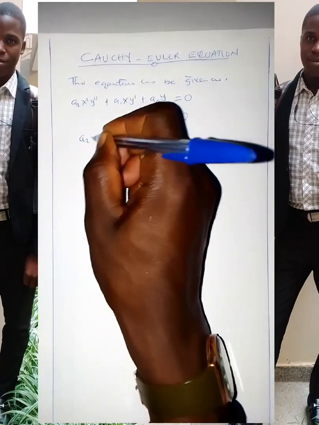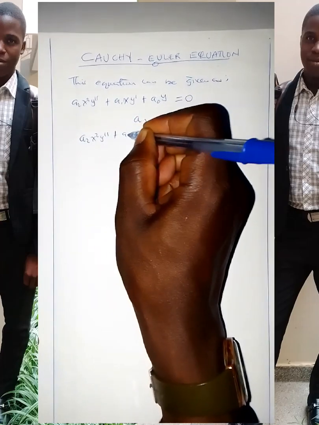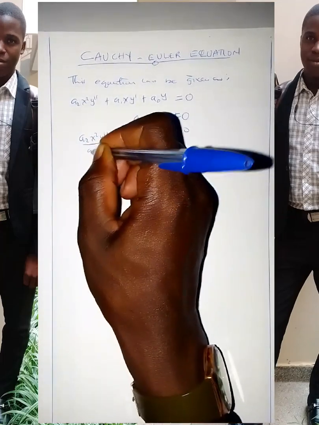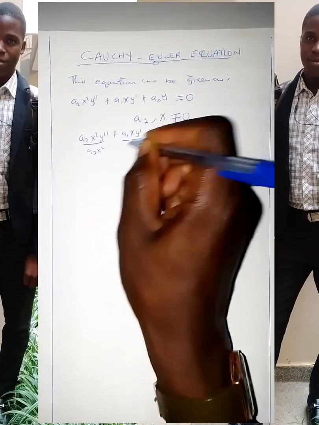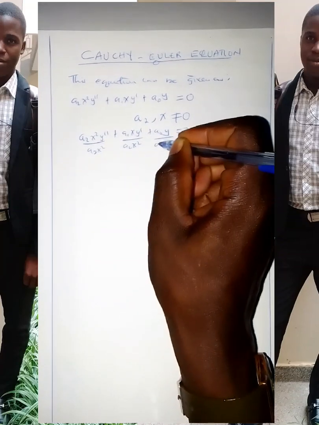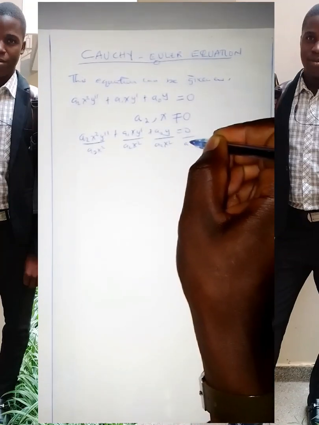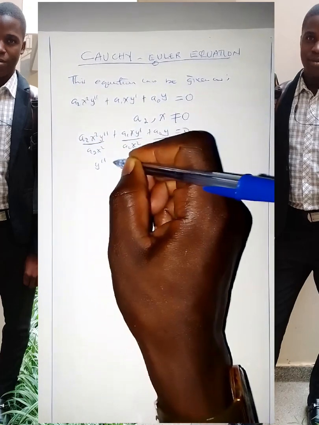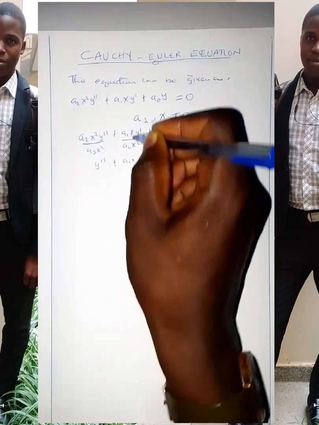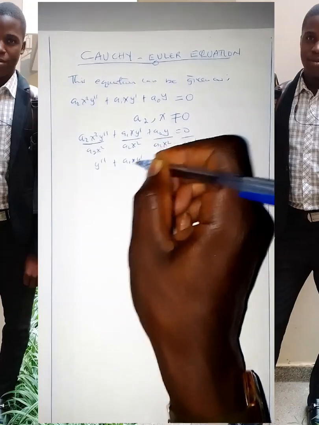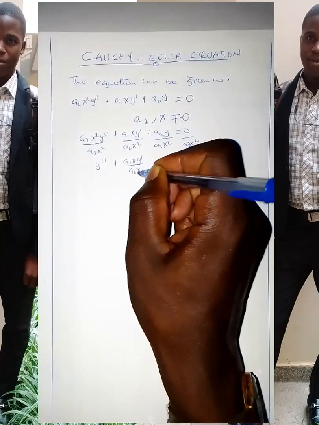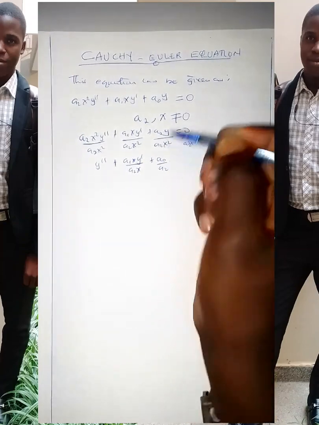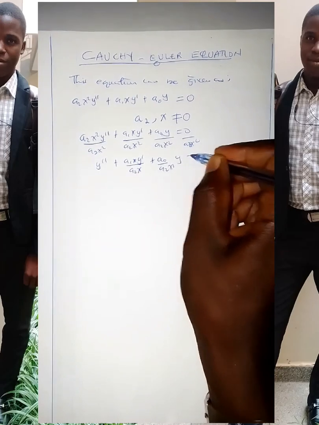Someone can continue to write a2 x squared y prime prime plus a1 x y prime plus a naught y equals 0, and divide all through by a2 x squared. So you see that this one cancels: y prime prime plus a1 over a2 x, y prime, plus a naught over a2 x squared, y equals 0.